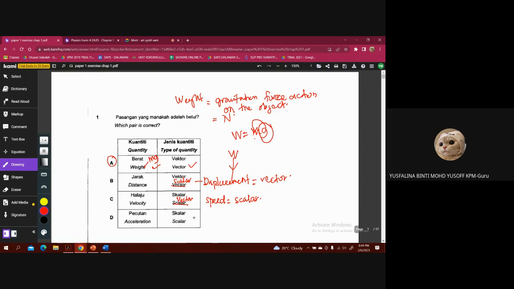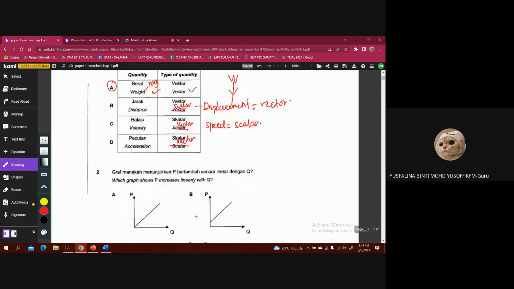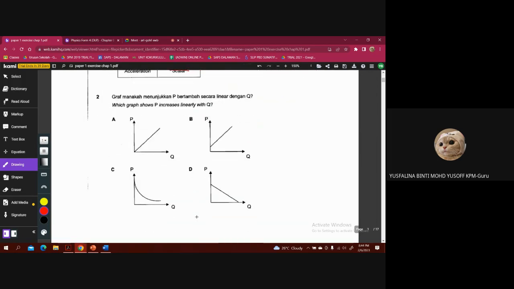Okay, then the acceleration, this one is a vector. It's not a scalar because you can have a negative, right? A negative, like -2, that is a deceleration. So for number 2, this one is easy. Increasing linearly, okay? Since we just finished paper 3, of course you know this is increasing linearly.